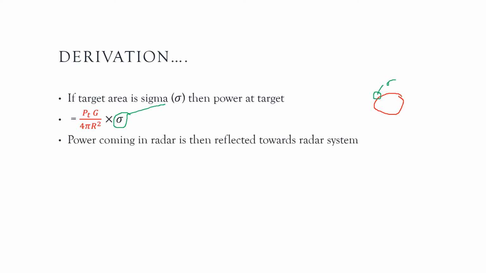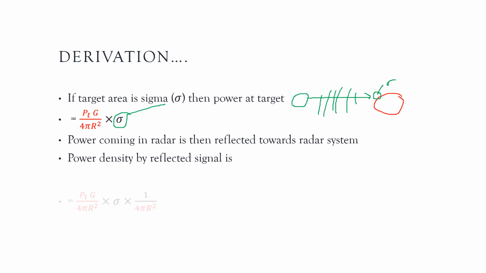Now, the power coming in is reflected towards the radar system. We know after propagation and collision, there are reflections. So the power coming into the radar system is reflected toward the radar system. So what is the power density of the reflected signal?